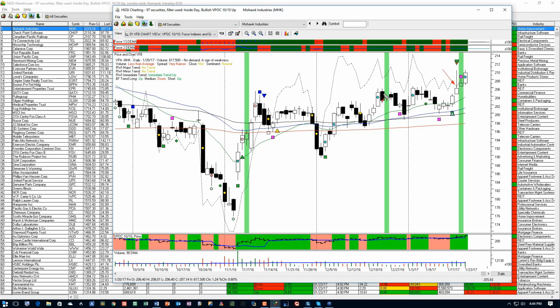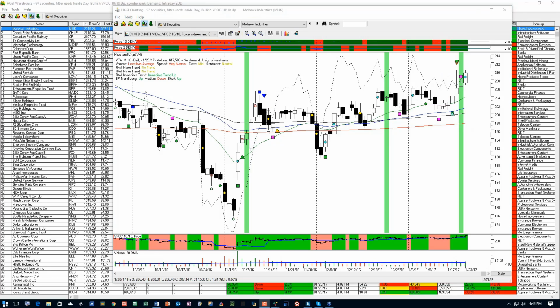What I like to see is a white candle prior to the inside day, which means that the short-term trend is moving up. Like here was a white candle. Here's your inside day. It's inside this one, and then it's moving up. Let's see if I can find something other than Mohawk Industries.